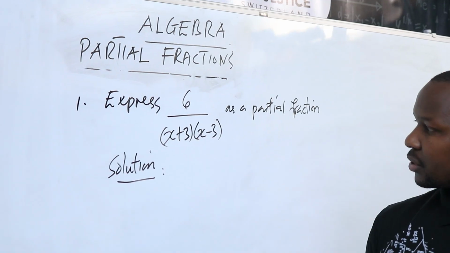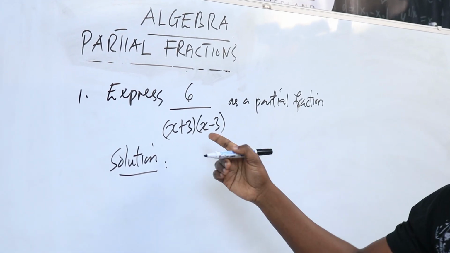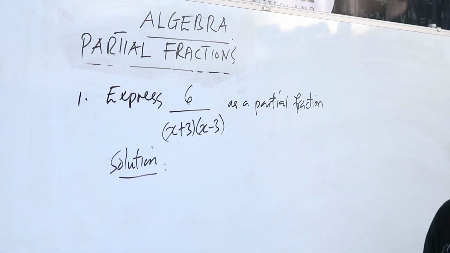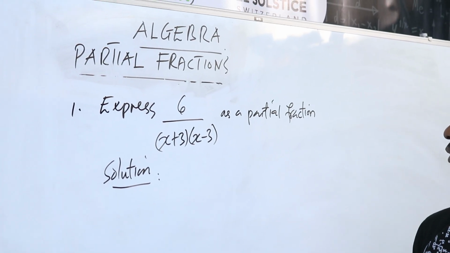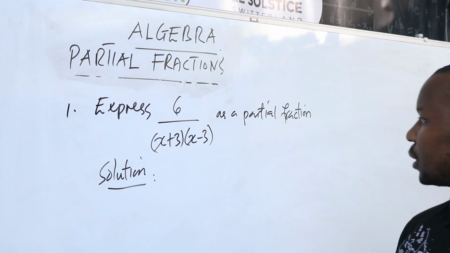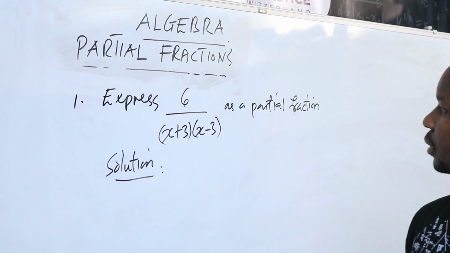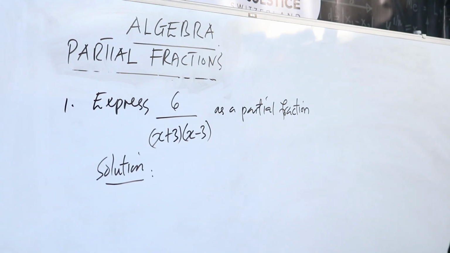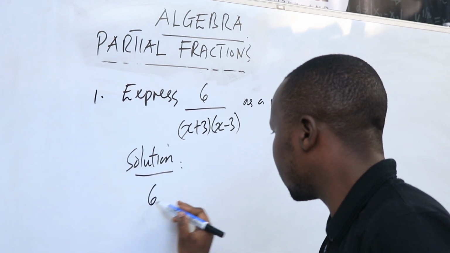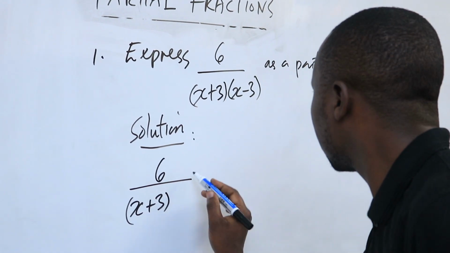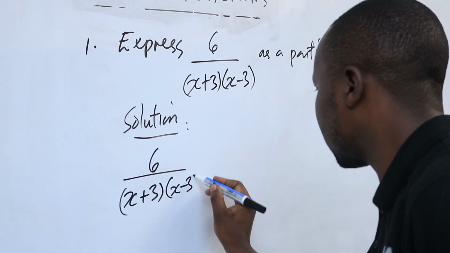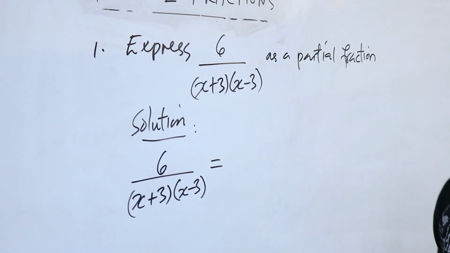So the first thing that we are supposed to do is check our denominator expression. We have linear factors x plus 3 and x minus 3. None of them is repeated, and they are just linear factors. So 6 over (x plus 3)(x minus 3) equals what?